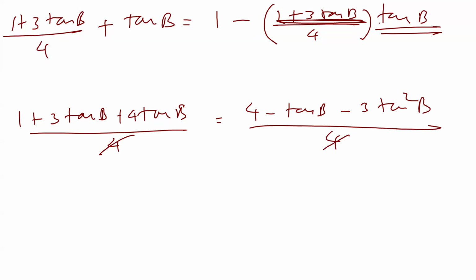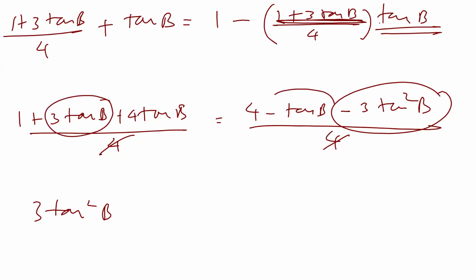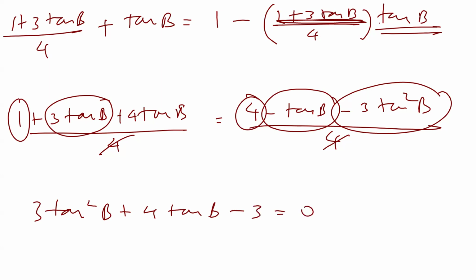So 4 and 4 get cancelled. So 3 tan square B, 3 tan B plus tan B is 4 tan B, and 1 minus 4 is minus 3, which is equal to 0. Right? Let me just take a look whether I've gone wrong somewhere.